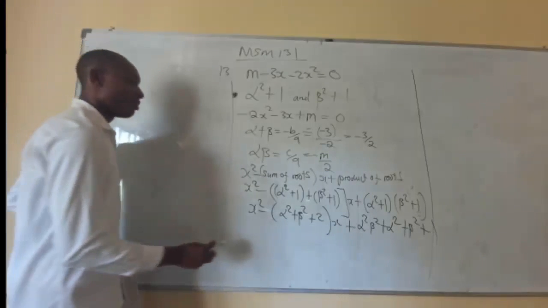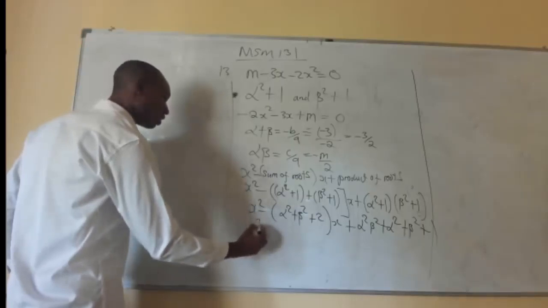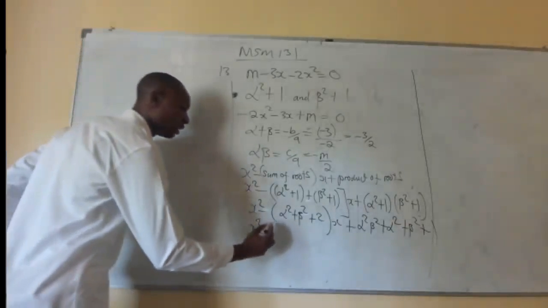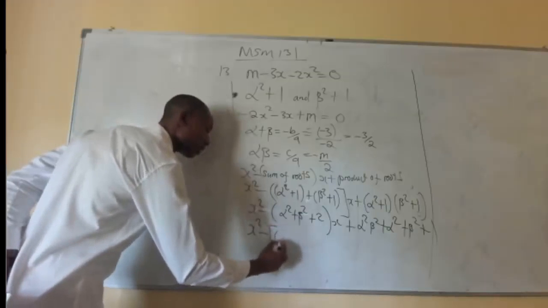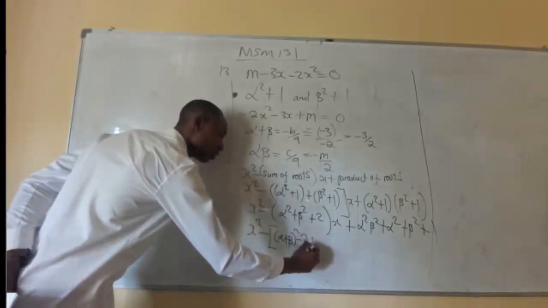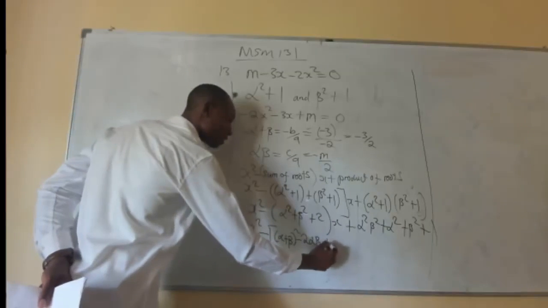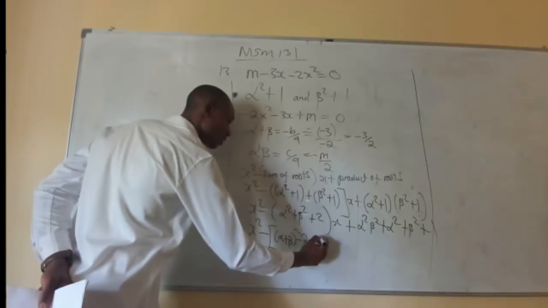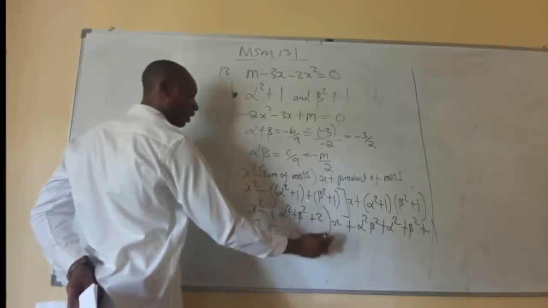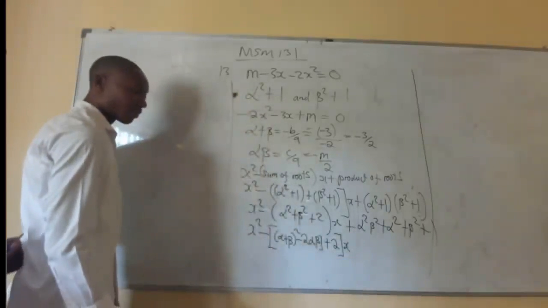Okay, now remember we said we know the standard for this. So what's the standard for this? The standard for this is alpha plus beta squared minus 2 alpha beta, this part here, then plus 2 here, then x. Okay?